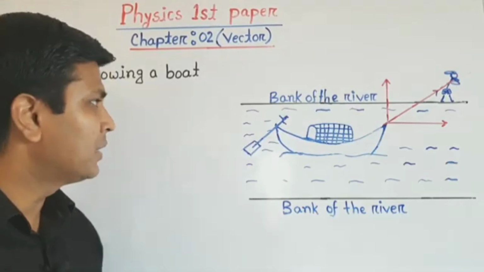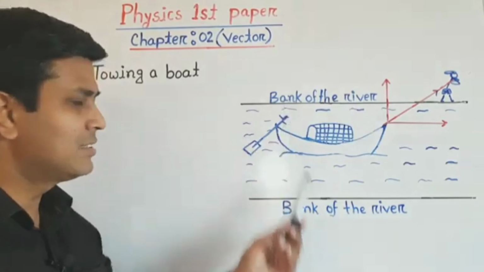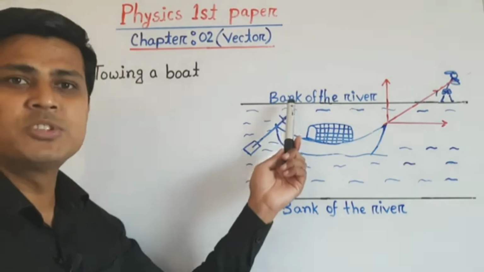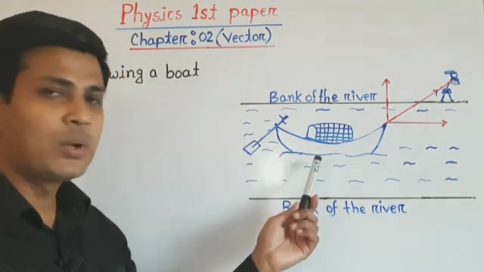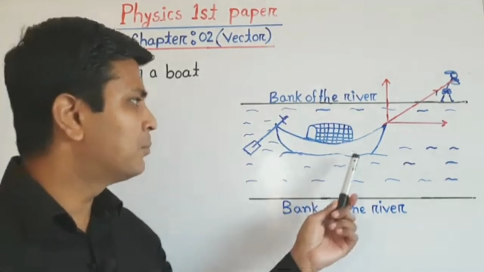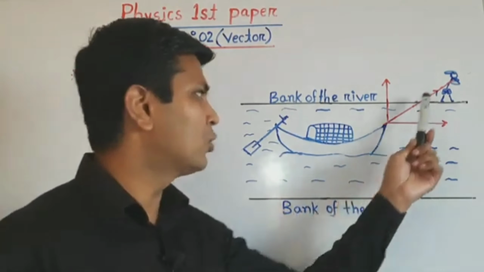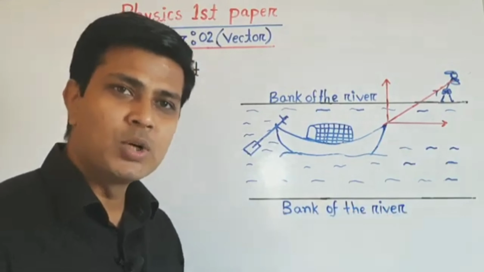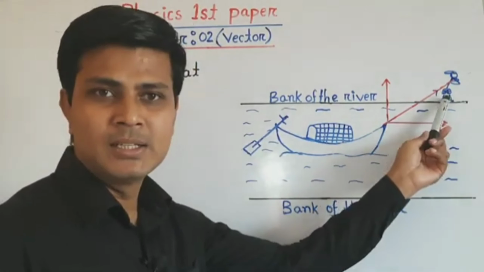Let's see the diagram. In that diagram you can see this is a river, this is the bank of the river, and that is the opposite bank of the river. Here you can see a boat, and the boat is being towed by a rope. This is the rope, and the boat is being pulled by a man.